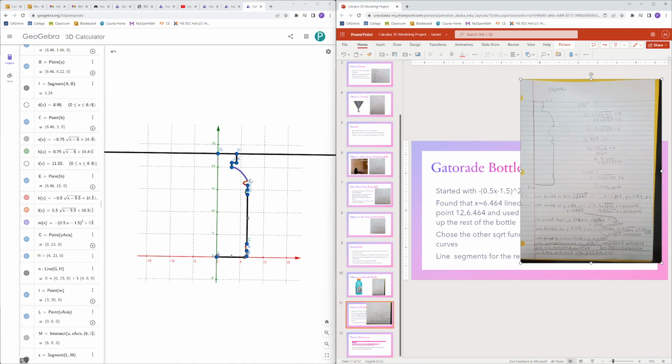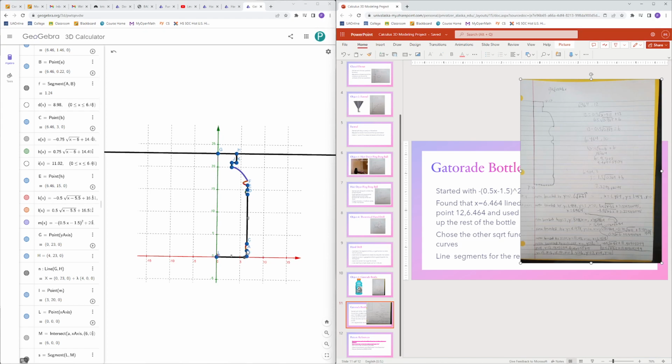But then when I completed the function, the Gatorade bottle looked very stumpy. It was very short. In the end, I just added 5 to all of my units, so I'll be going by that measurement from now on.